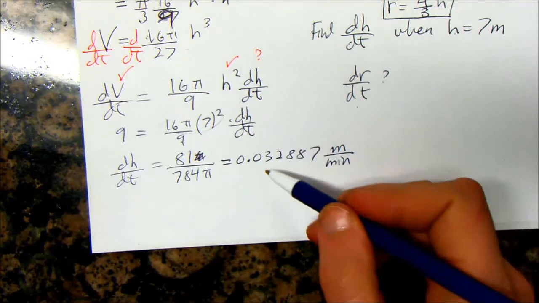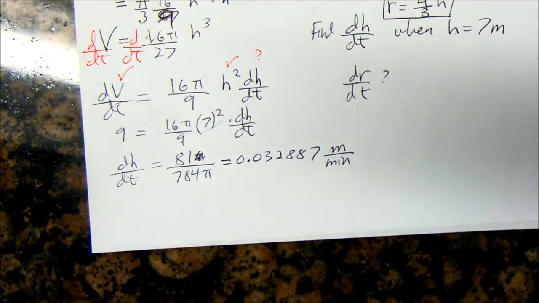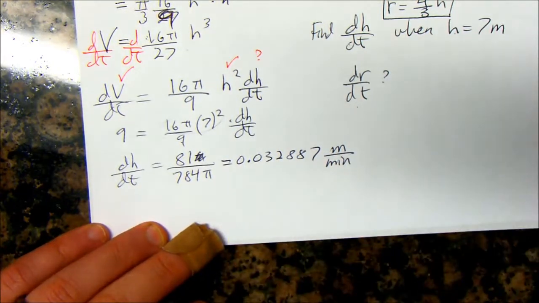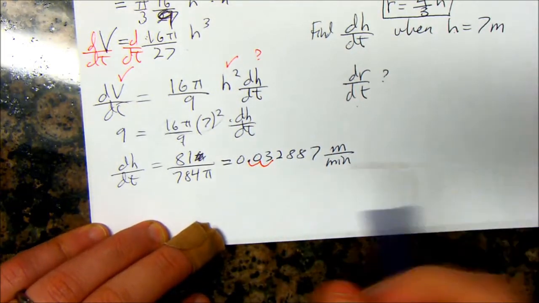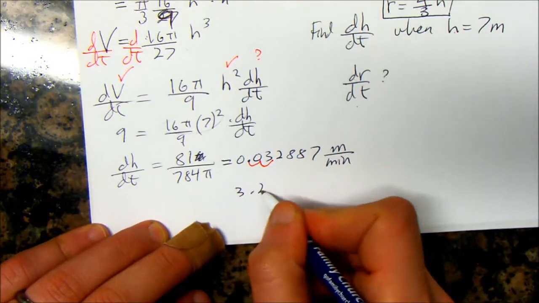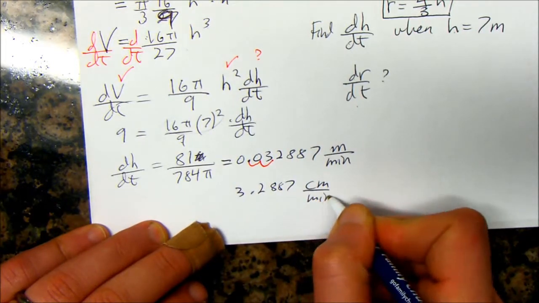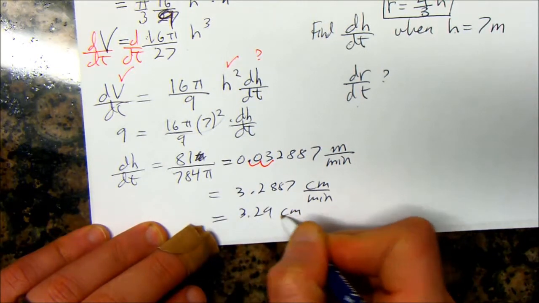They're making you change the units because the units that the answer needs to be in is centimeters per minute. So to change from meters to centimeters, we know that we have to multiply by 100, which just means move the decimal place twice. All right, so this ends up being 3.287 centimeters per minute, which is equal to 3.29 when I round off.